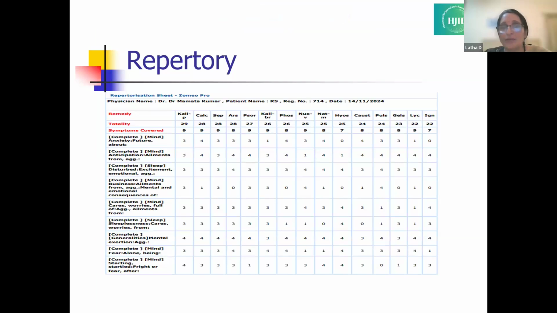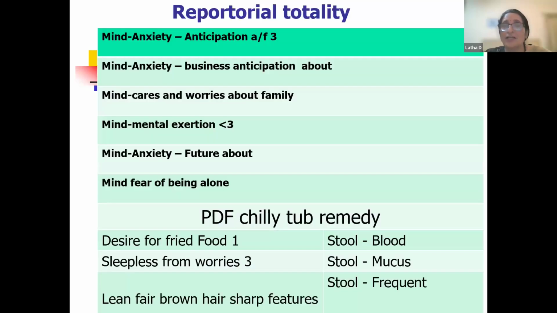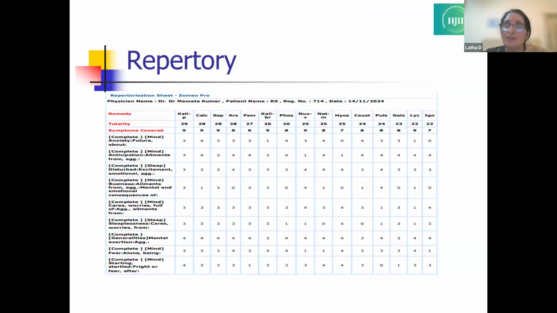Calcarea phosphorica was the first remedy, based on his cares, worries and anticipation about the business, the family, and what's going to happen to their future, in a soft, sensitive, attached, kind person, lean, thin, very fair, and so full of cares and worries. Interestingly, if you read Calcarea phosphorica's bowels, it covers this ulcerative colitis quite well, and it is highly tubercular.